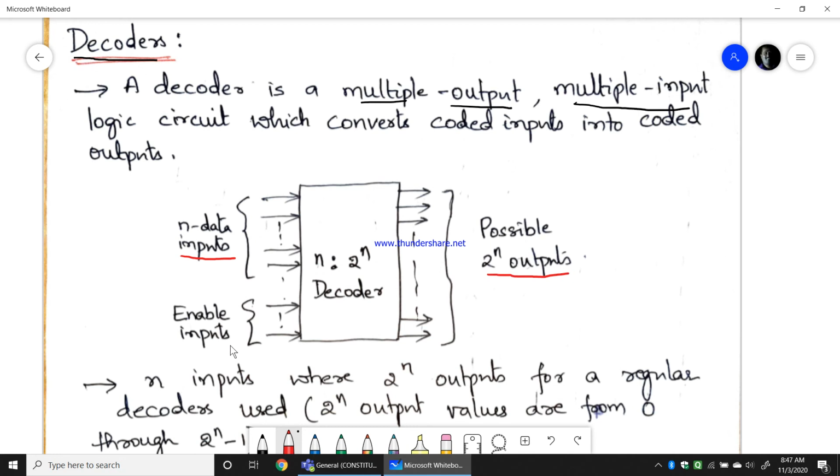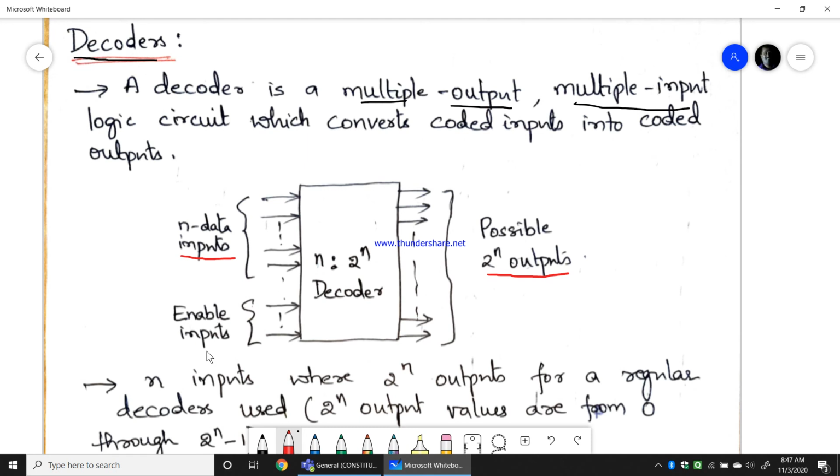Now enable inputs are the inputs in decoders which enable this particular IC, or make the output lines and the input lines active. If the enable input is active, then it will enable the input lines and output lines.